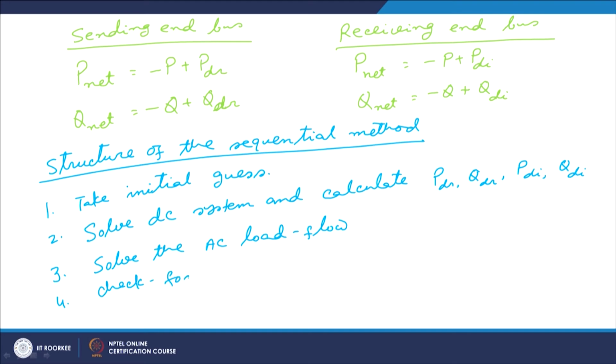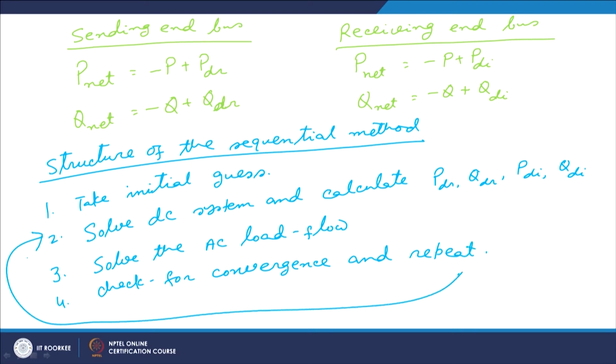If it is not converged, we repeat. Repeat means we simply go back: we solve the AC load flow, then we check for convergence. If the AC load flow is converged, then we say this is over.